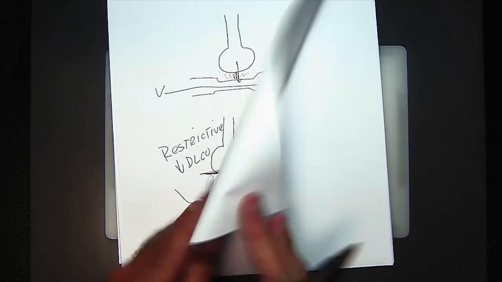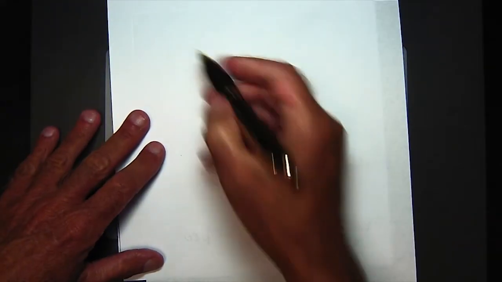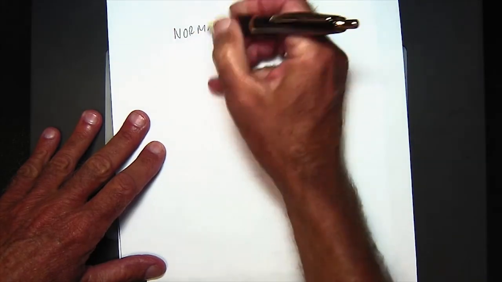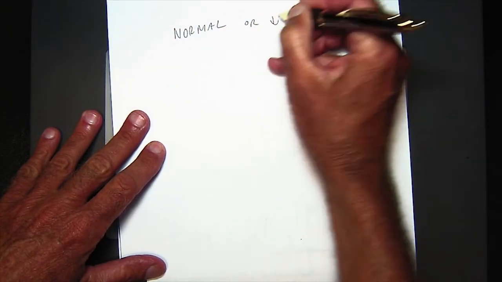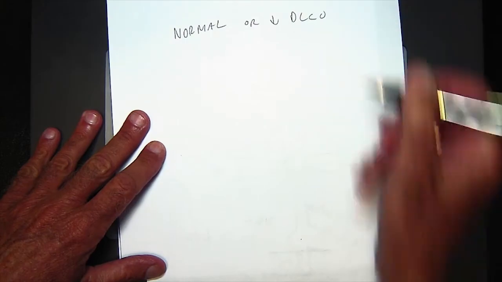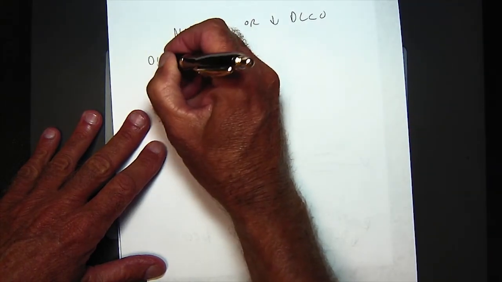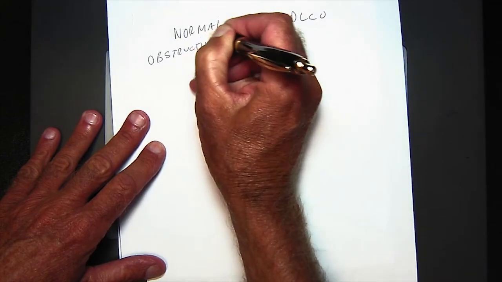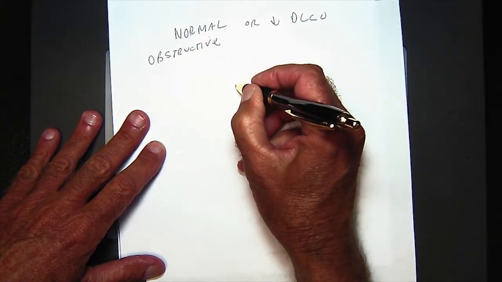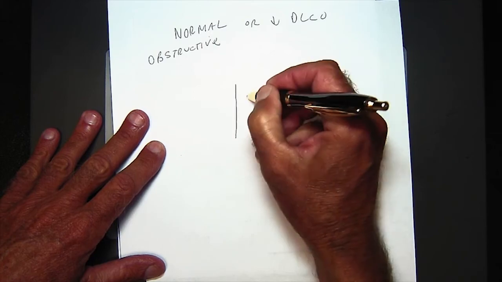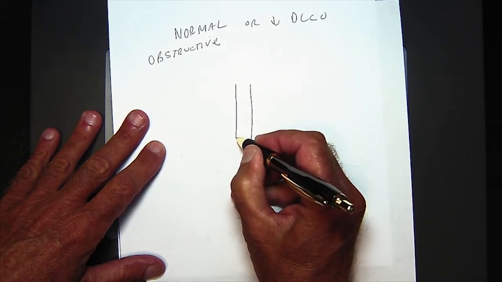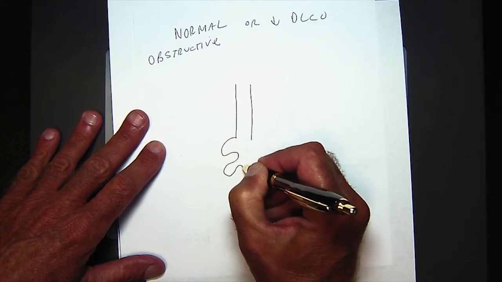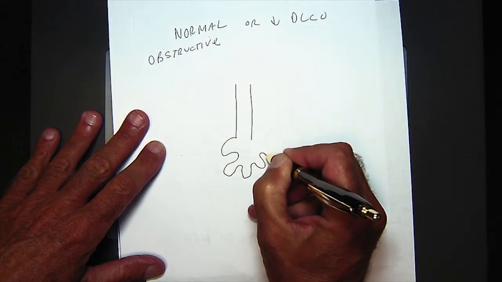A patient that has obstructive disease may have a normal or decreased DLCO, depending on the severity of the disease. So this is obstructive. Again, it depends on the disease. And if you think about it, if this is your terminal bronchial, alveoli have a lot of surface area in them.